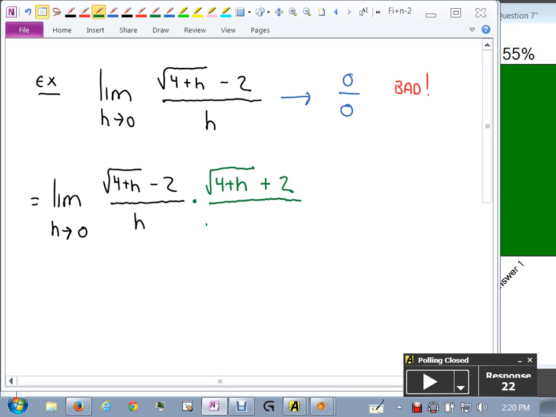What you do to the top, you must do to the bottom. Why is that? Because this is really a 1, right? You can multiply anything by 1 and it's still the same thing. So that's just to maintain the equality. Now I have to multiply this like a good old FOIL across the top.